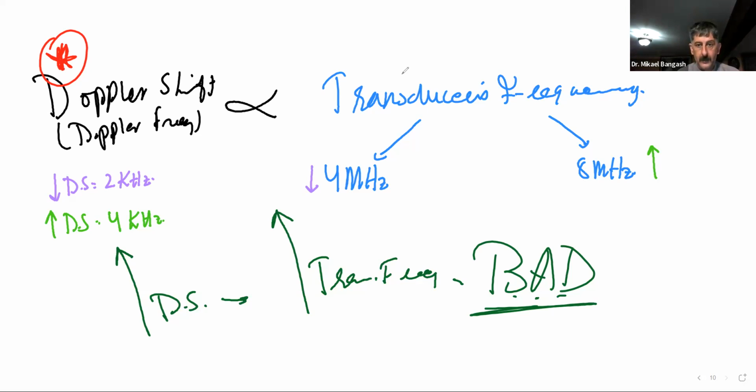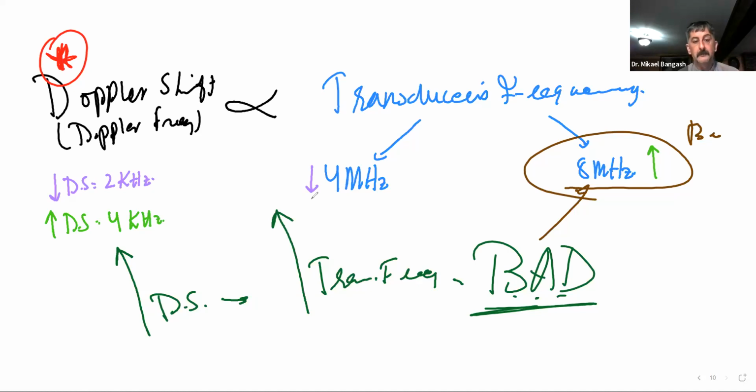Let's take it down to a lower frequency. Even if this one was bad, we could just use a transducer with a lower frequency. Is that clear?